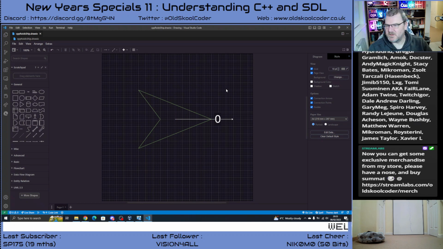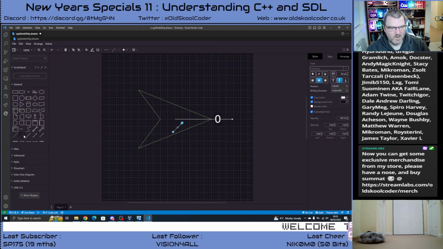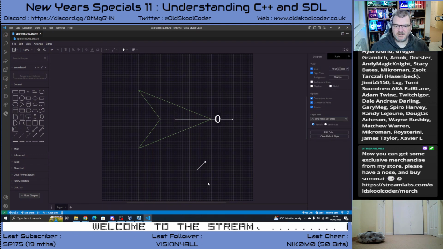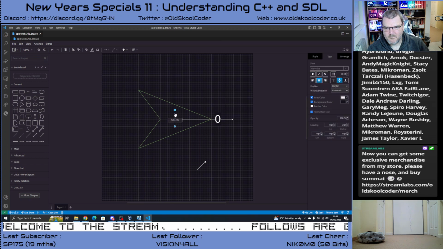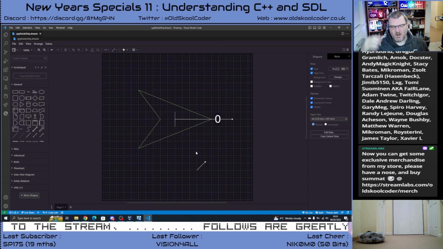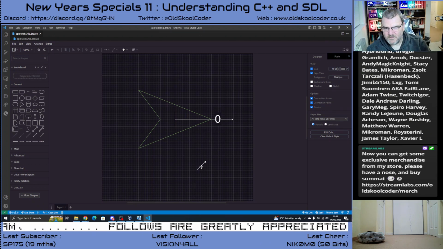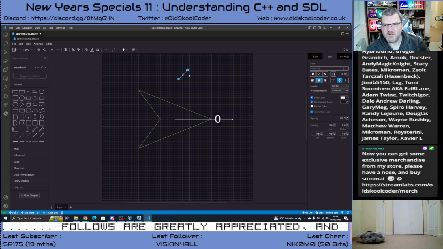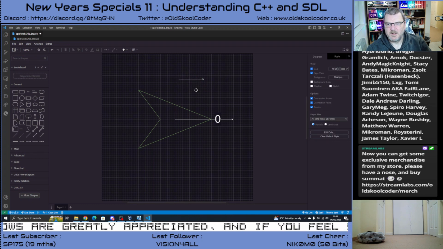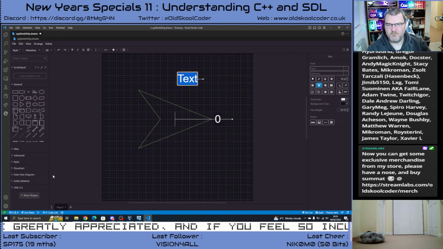So that's our rotation. And we're rotating around this axis here. So to work out the explosion, we've also got this going on as well, right?